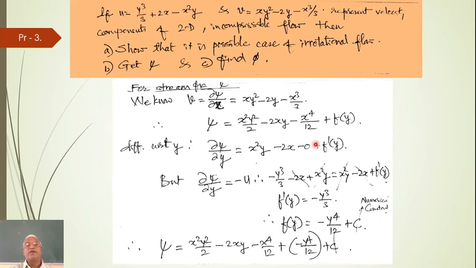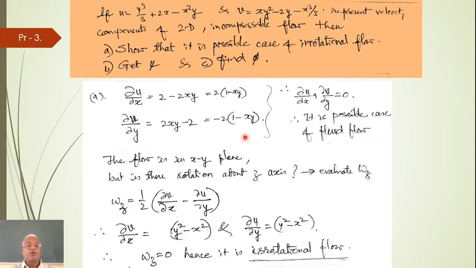Okay, to find out the psi function, what should I do? We know v is given by dou psi by dou x, and phi is already calculated.